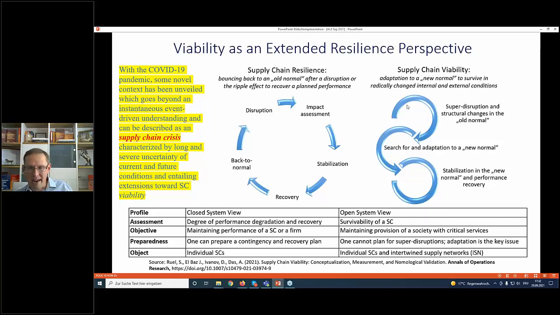However, bouncing back to old normal is not always possible, and especially in case of super disruption and substantial structural changes, we cannot return to old normal. The only way is to search for and adapt to new normal, right? And then stabilize in this new normal and develop some recovery plans. I think this is something what makes viability different, but also close in some sense to resilience.